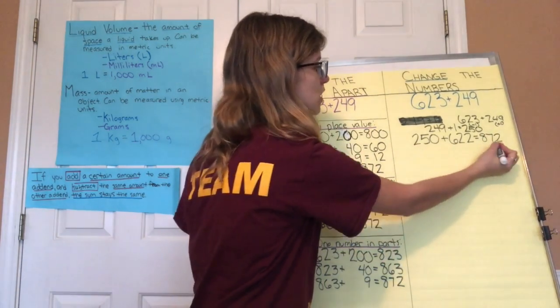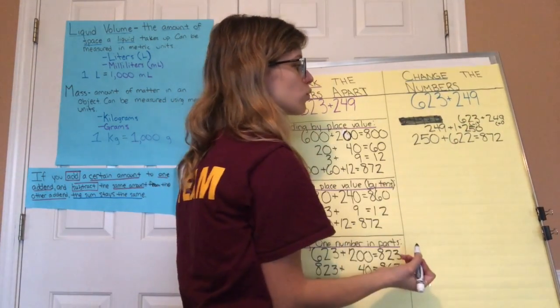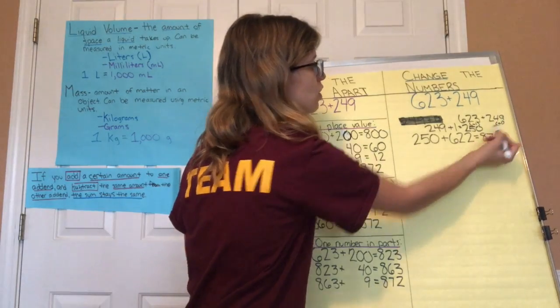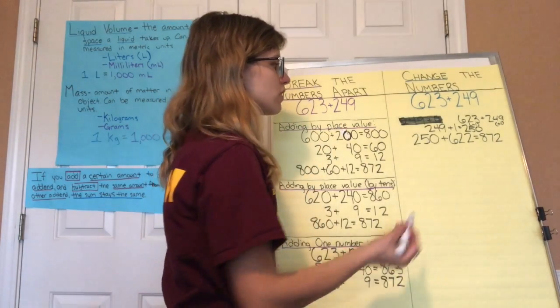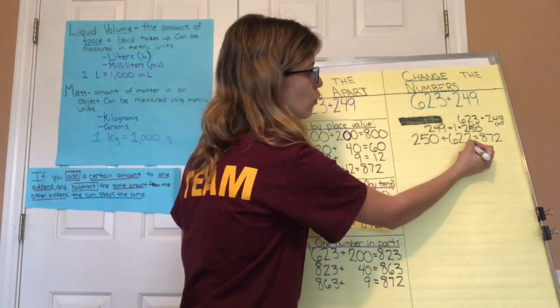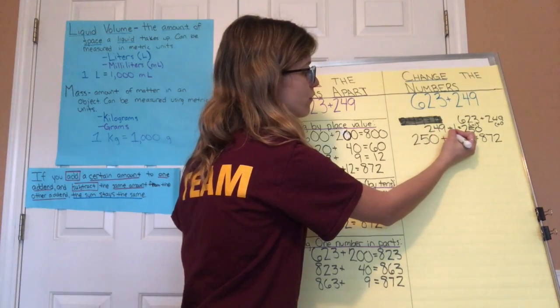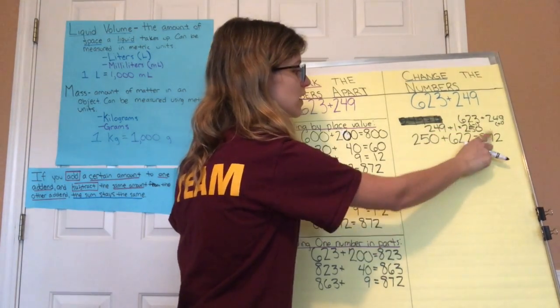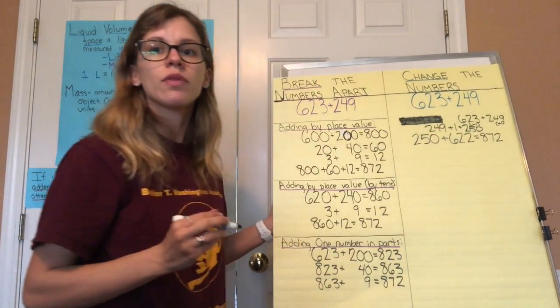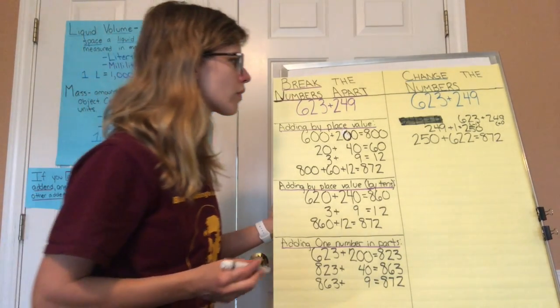So I still got 872 because I took 1 away from 623 and added 1 to 249 to get to 250. So 623 minus 1 was 622, and 249 plus 1 was 250, and I still got the same answer.